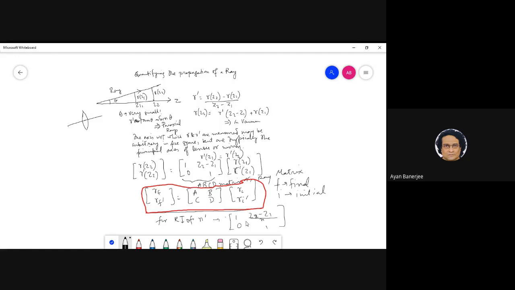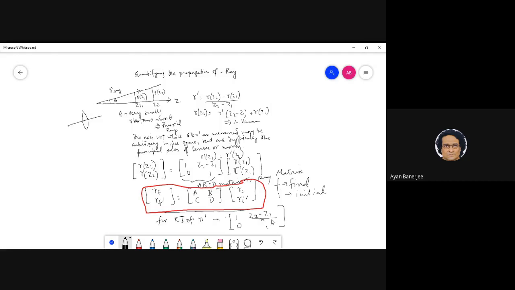And this is something that I will ask you to prove. For any refractive index, the general formula is Z2 minus Z1 divided by n. And if you are just traversing in free space, it is essentially just the final minus initial coordinate. There's not going to be any change.